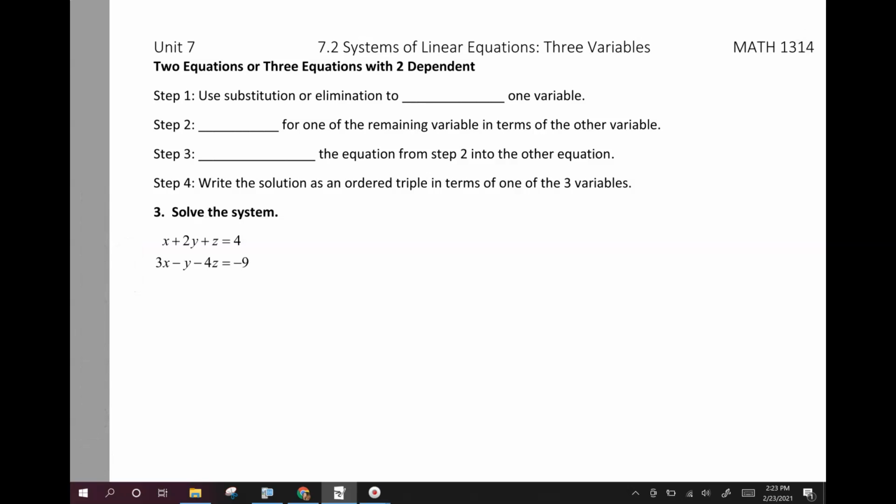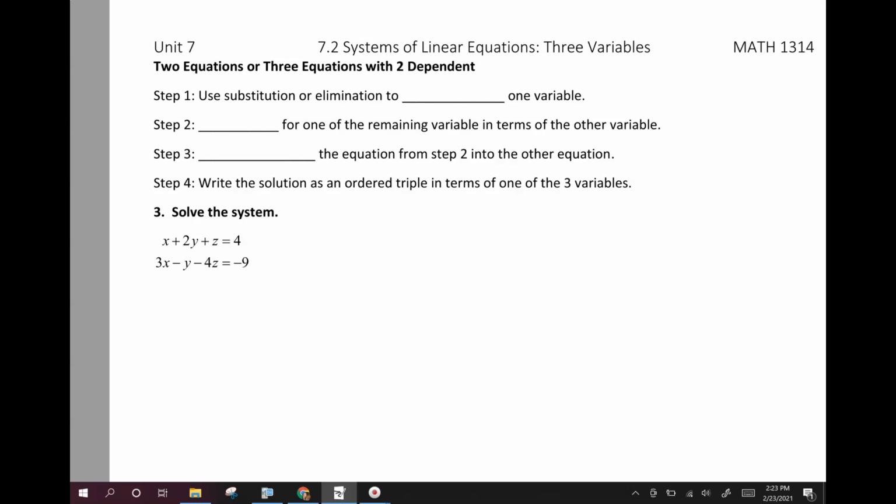You have to have at least the number of equations that you have variables. So if you have 2 variables, you need 2 equations. If you have 3 variables, you need 3 equations. If you had 4 variables, you would need 4 equations in order to actually get a numerical solution.